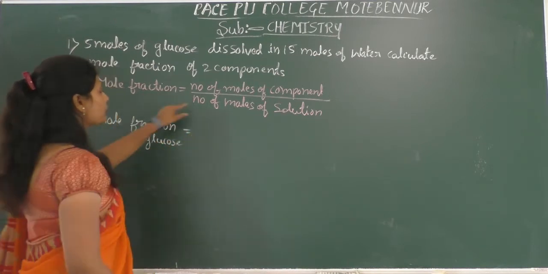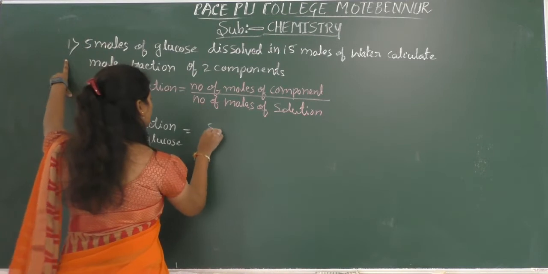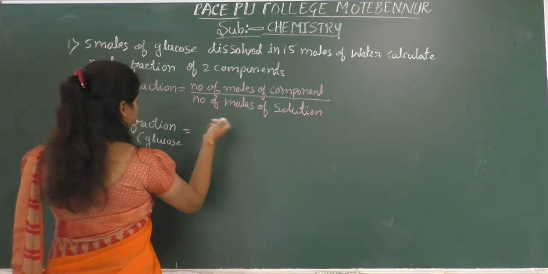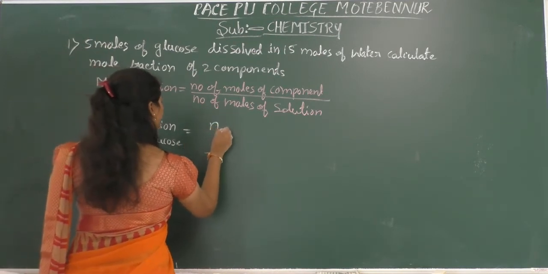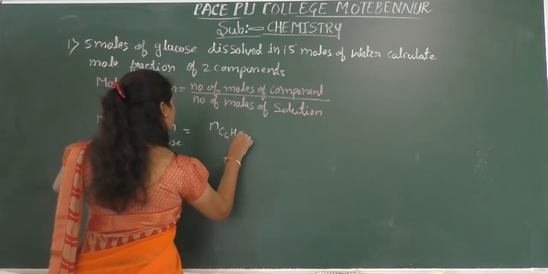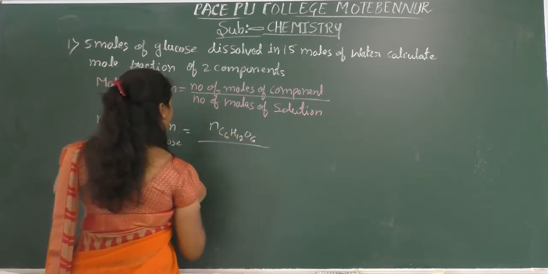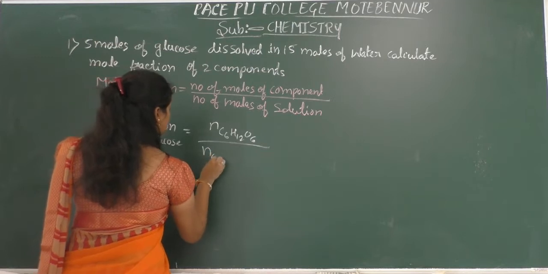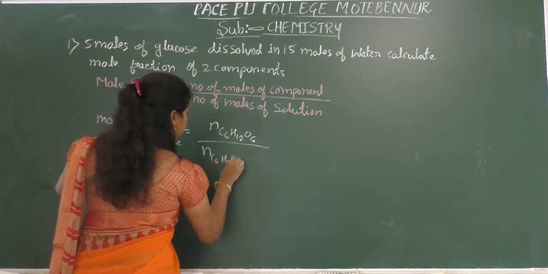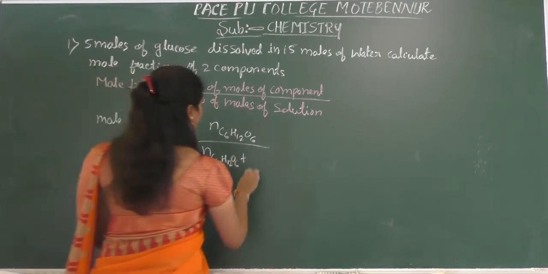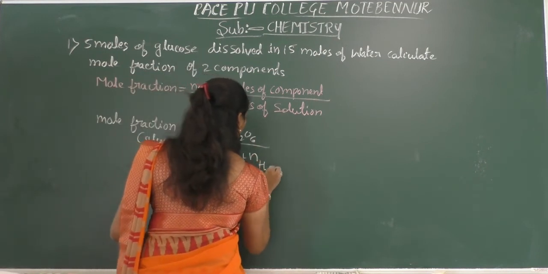so here number of moles of component is 5 mole. So here the formula will become mole fraction of C6H12O6 divided by number of moles of C6H12O6 plus number of moles of water.